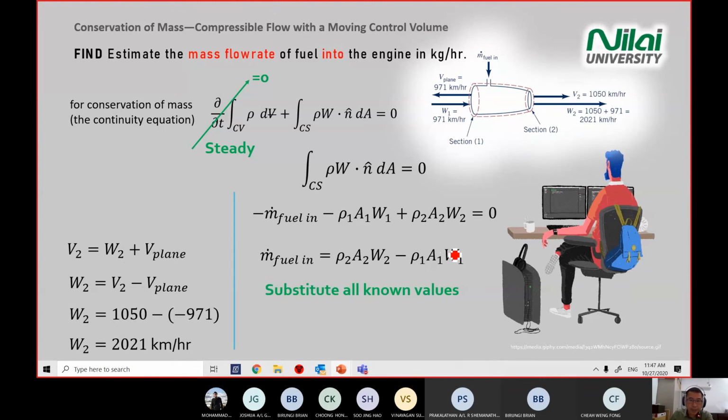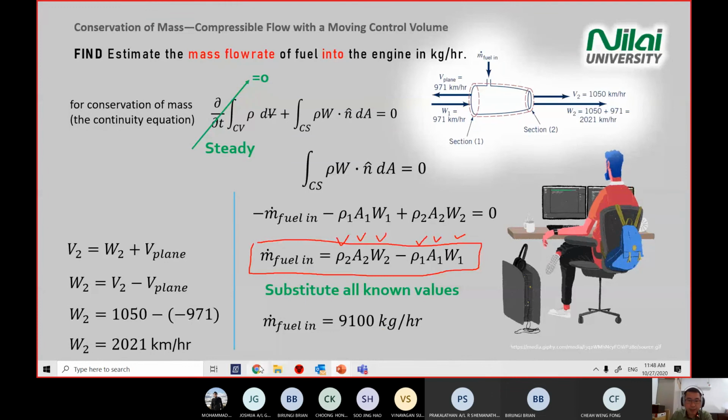Okay, now we have all the values for this equation already. We have rho 2, A2, W2, rho 1, A1, W1. Substitute the values there, and you get 9100 kilograms per hour. Area, you should know, the area of the circle.